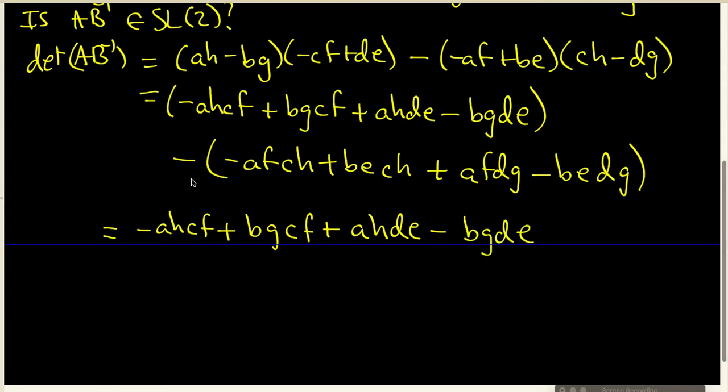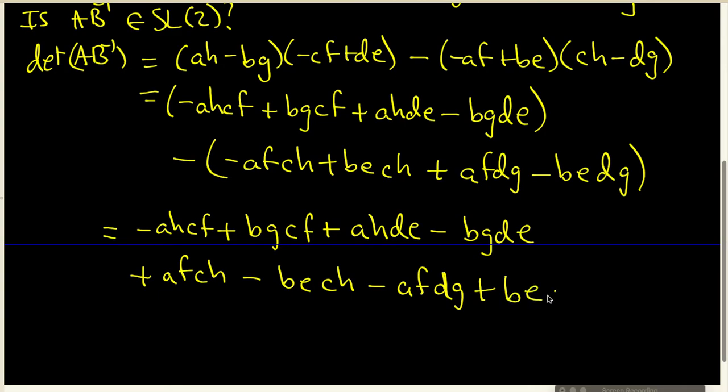And then I've got to do the minus sign on all of these. So we're going to have a minus AFCH minus a BECH minus an AFDG minus BEDG. And now it's a matter of seeing what I've got and what will cancel each other out.